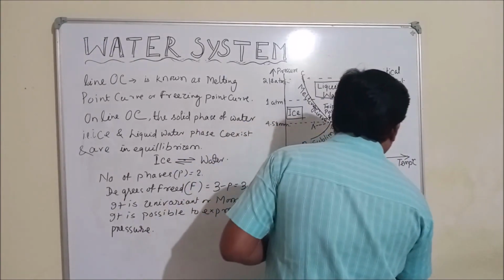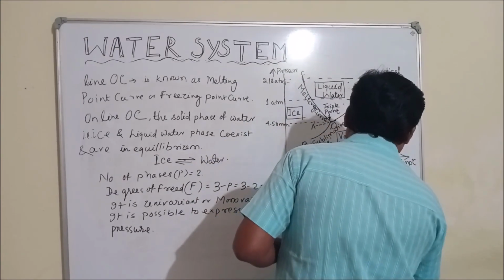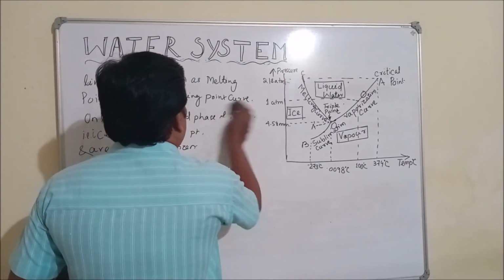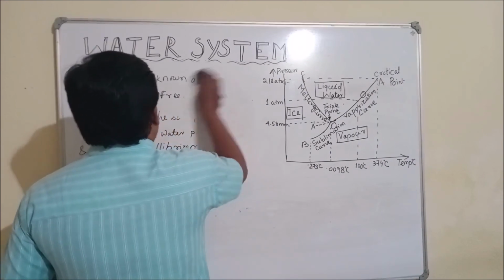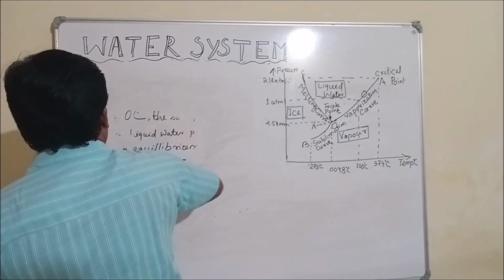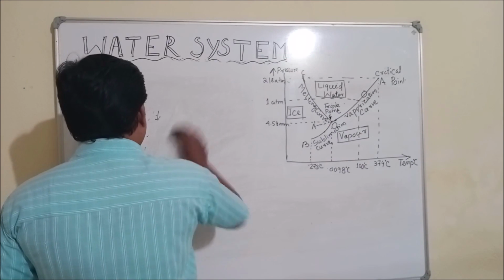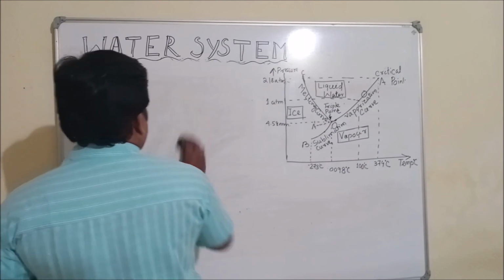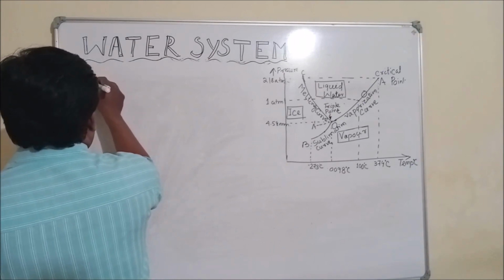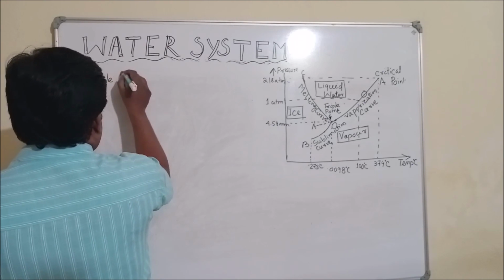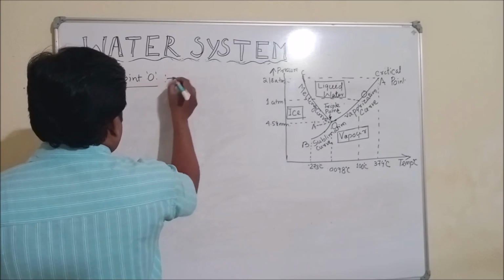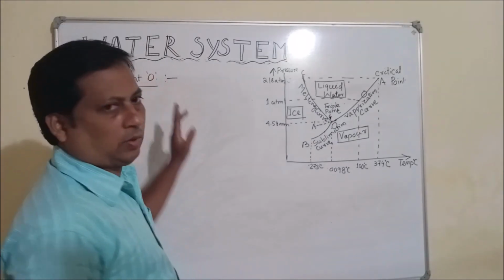Now next we will go to another point. All the curves are explained. Another point is there, that is known as the triple point. So now let us go to the triple point O. Why is O called the triple point?